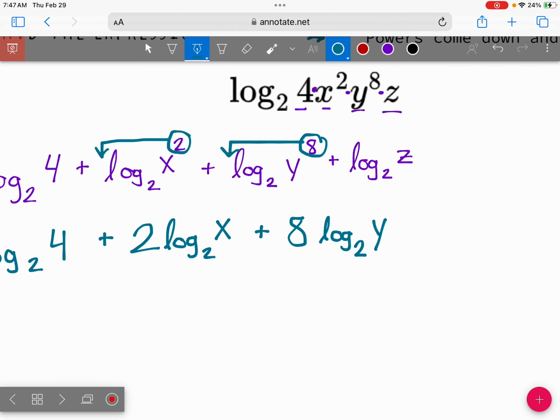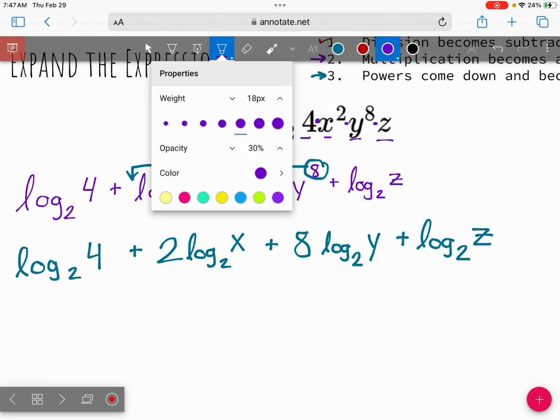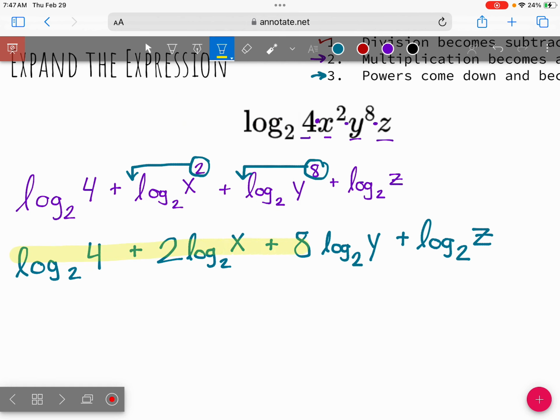Oh, sorry. And log base 2 of z. Each log has only one term. I don't have any exponents. I don't have any operations inside my logs. So that one is fully expanded. So this is our answer.